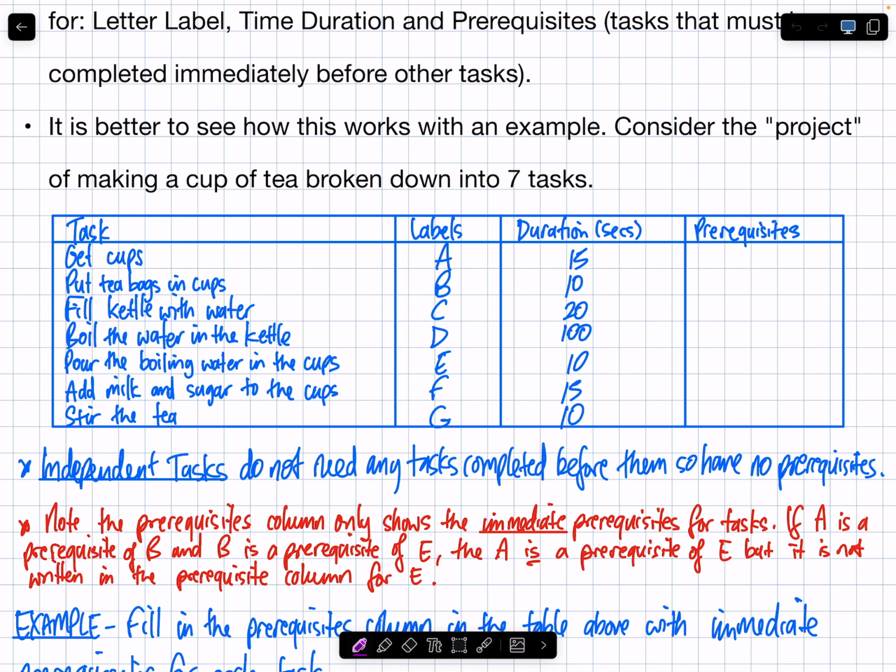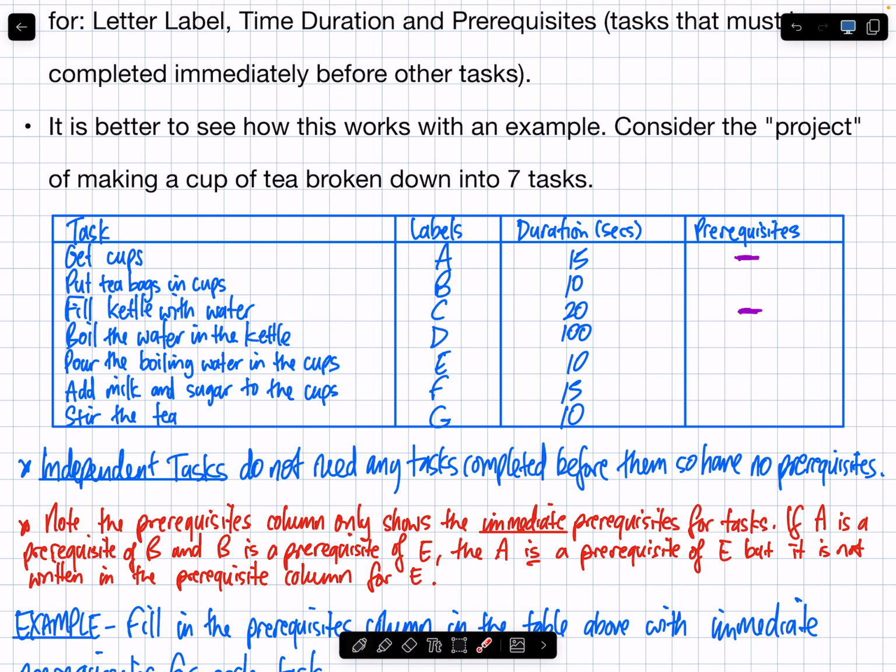Out of these tasks that I've arbitrarily broken it down into, I don't need to do anything before filling the kettle. What else? There's another one that I believe you don't need a direct prerequisite yet. Getting the cups. I believe out of these tasks, those 2, they don't need anything to happen before to be done.